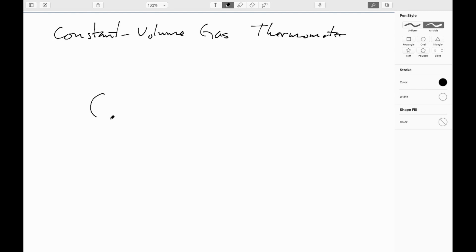So the way it works is, let's say here's the sample of gas whose temperature I want to know. I'll just go and hook this thing up to a manometer, except the manometer will have a special little difference to it. Sorry, a barometer. I'm going to hook this up to a barometer. My bad.